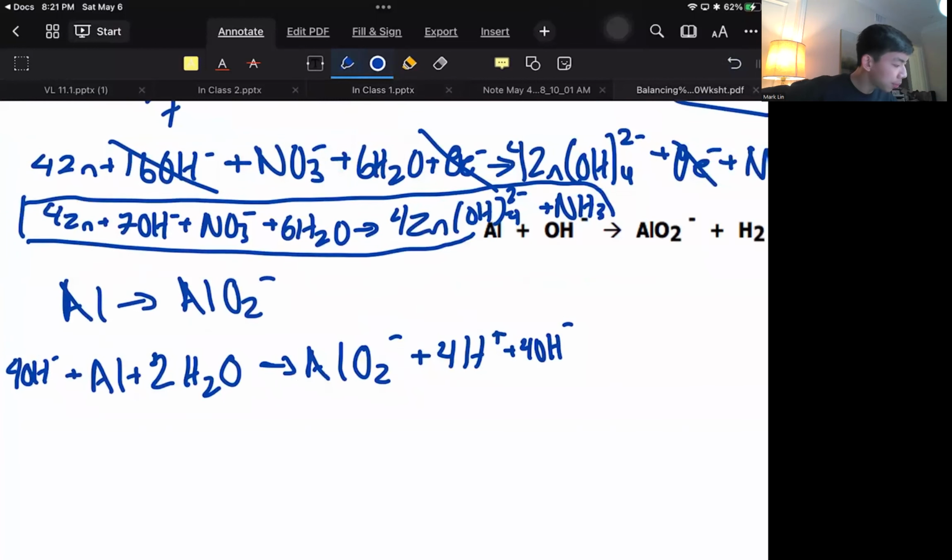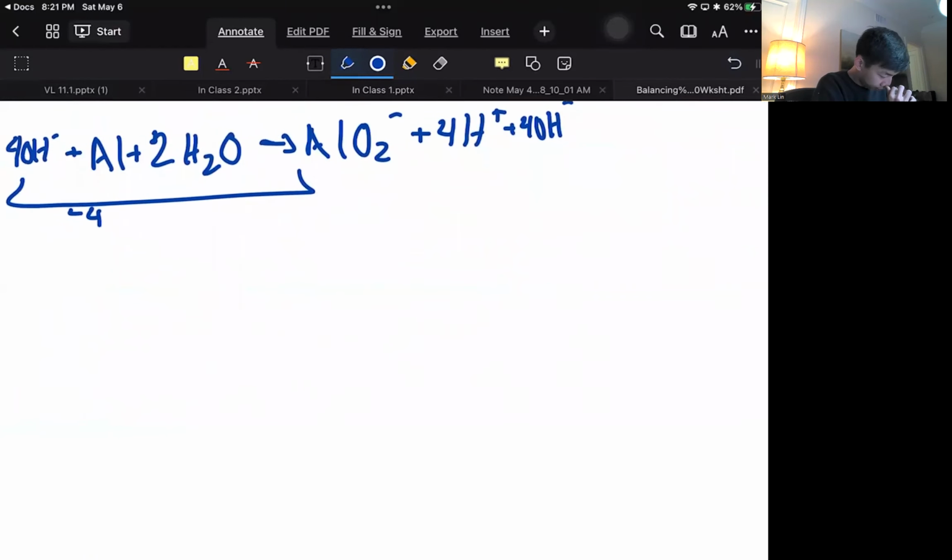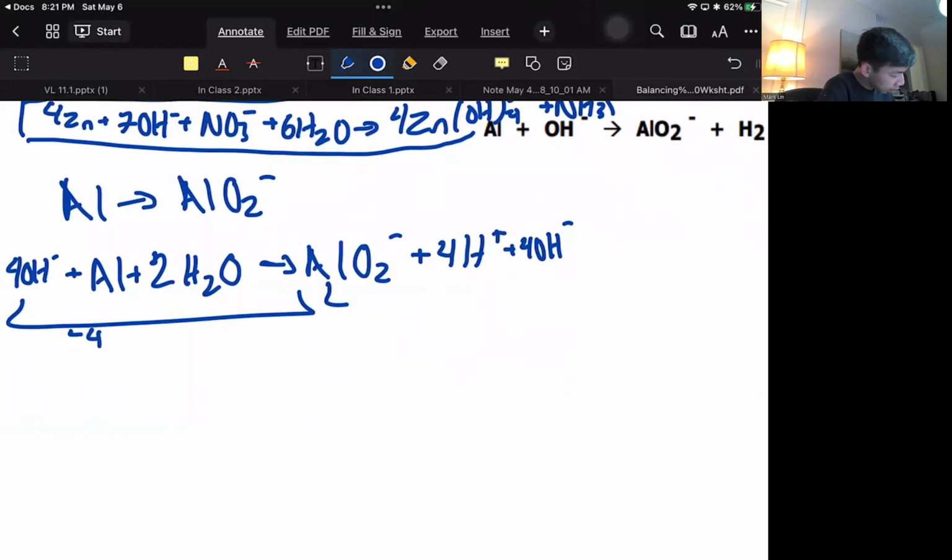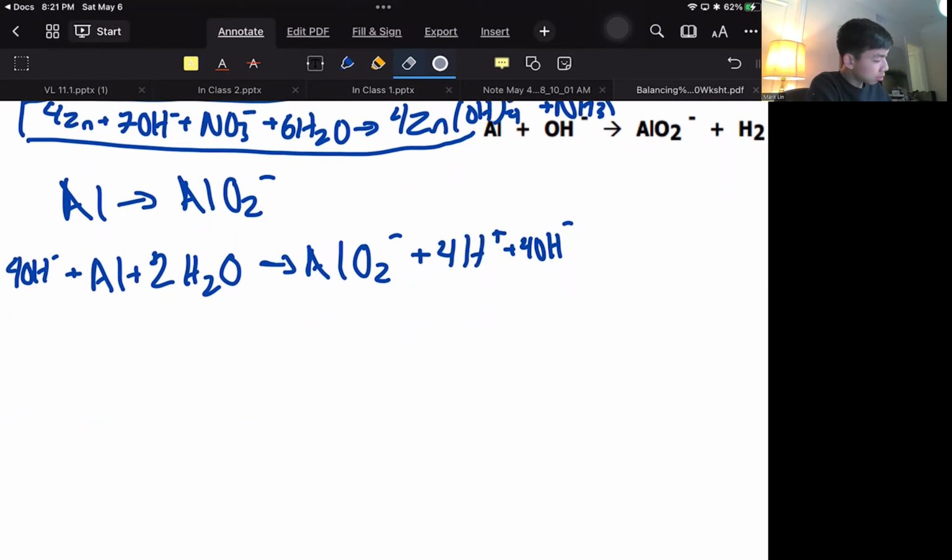Now we need to balance charges. Because of the side, we can combine the H2Os.